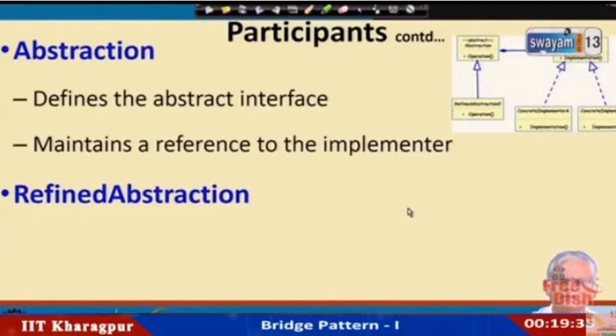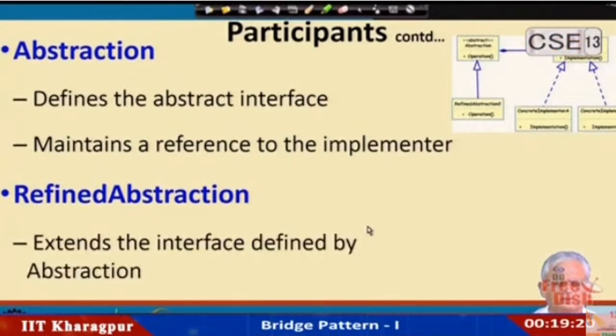The abstraction defines an abstract interface which the client uses, and it maintains a reference to the implementer, and that's how the bridge is established. The refined abstraction is a concrete class which extends the interface defined by the abstraction.